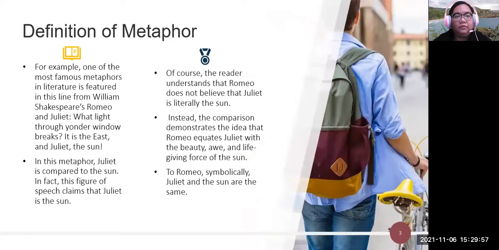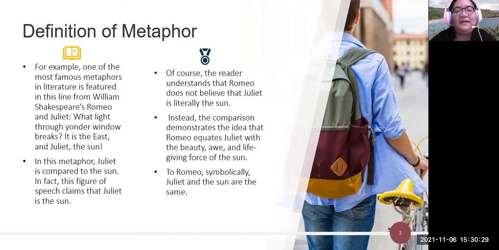Okay, so let's go on. For example, one of the most famous metaphors in literature is featured in Shakespeare, in a line from Romeo and Juliet. Okay, what light through yonder window breaks? It is the east, and Juliet, the sun. Okay, so in this metaphor, Juliet is compared to the sun. In fact, this figure of speech claims that Juliet is the sun.